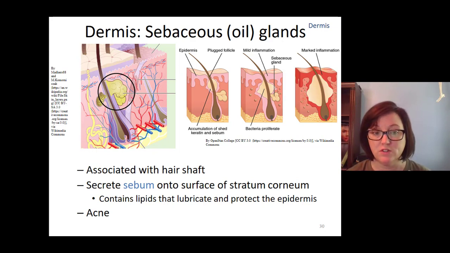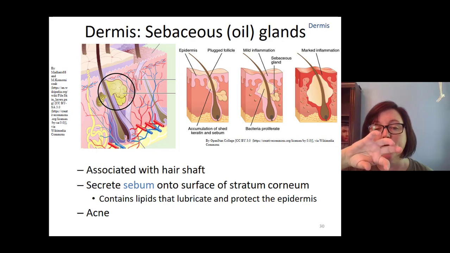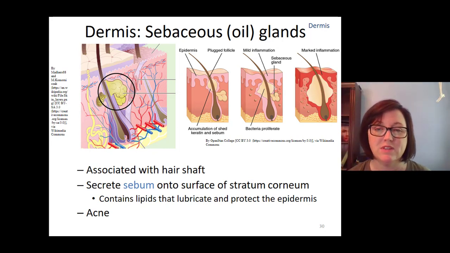Sebum is good for us, but sometimes things go wrong with it, and that's what happens with acne. So with acne, what's happening here is the pathway that the sebum follows to get to the surface of the stratum corneum becomes blocked, and then bacteria start to grow in or near the sebaceous gland, and the growth of the bacteria there causes inflammation, and that's what we think of as acne.